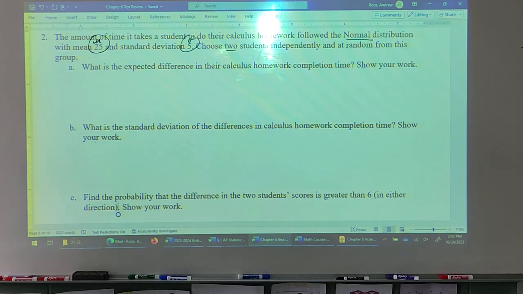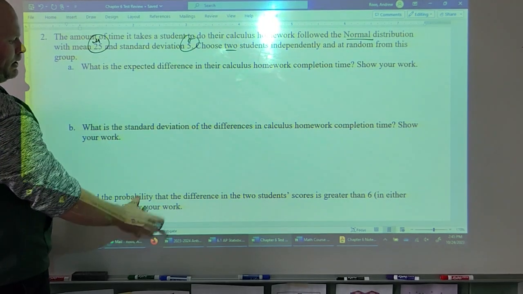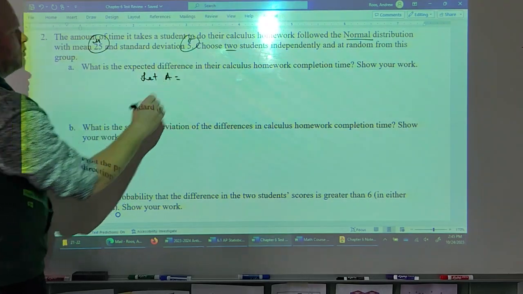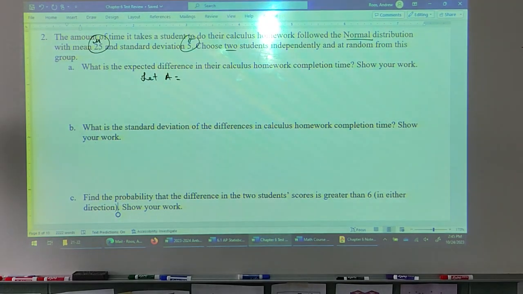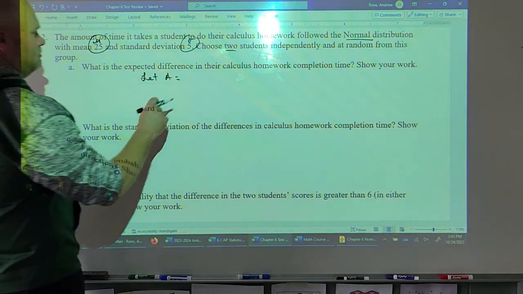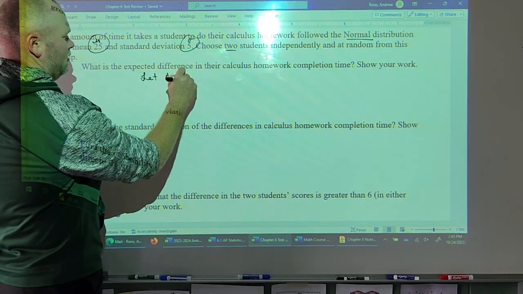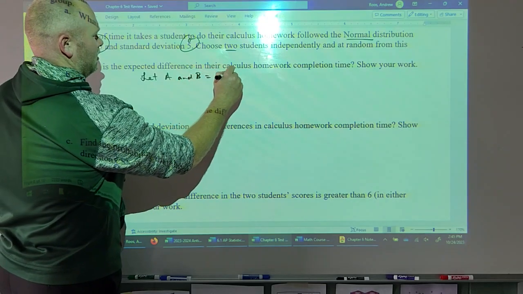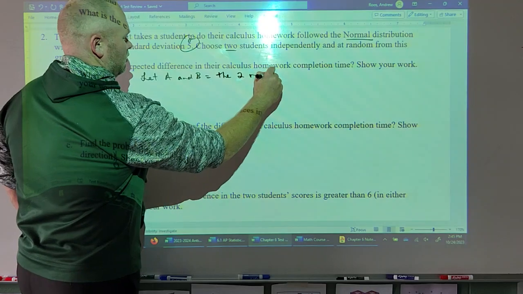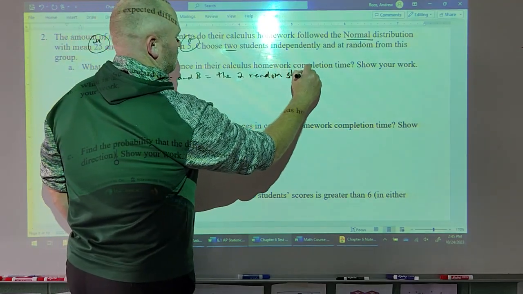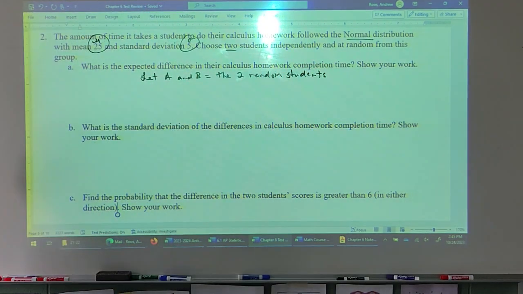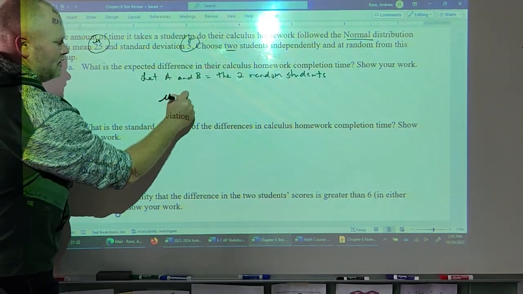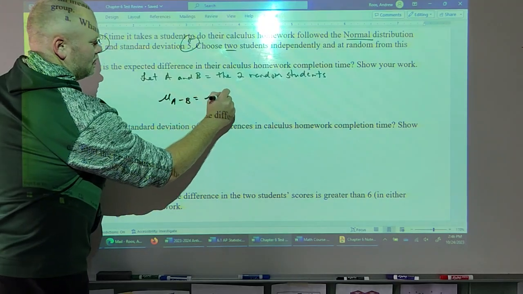Show your work. Because we're probably going to use some variables here, I'm going to let A and B equal the 2 random students, because then the mean of A minus B would be just subtracting the means.